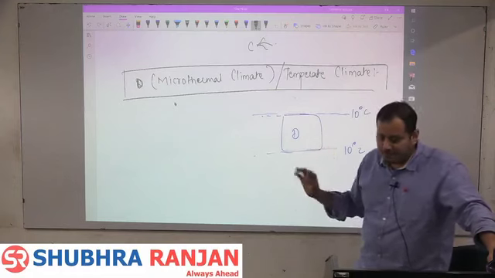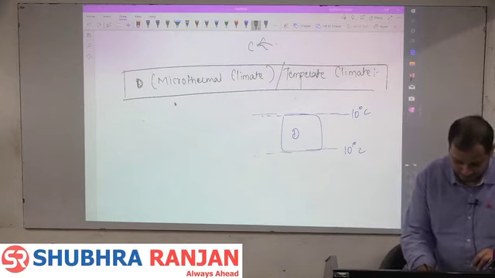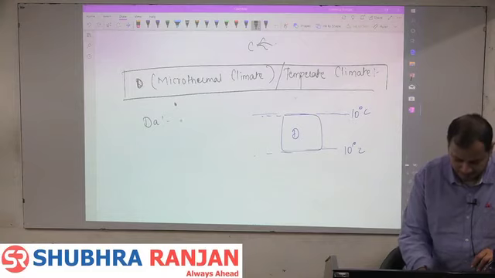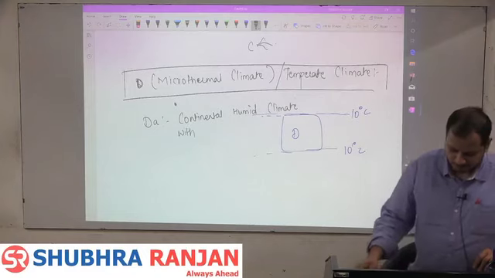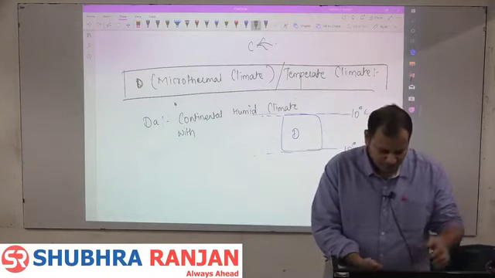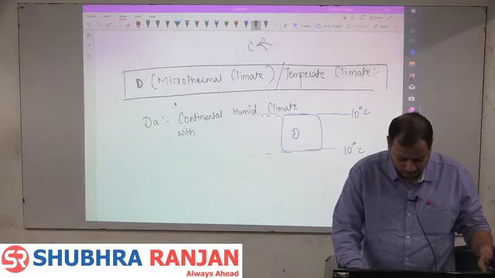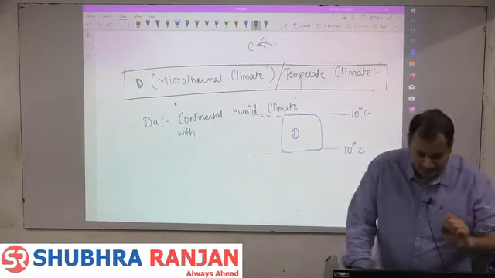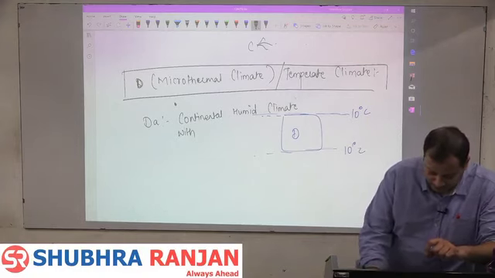Understood this statement? Fine. Next point, it is further divided into DA, continental humid climate with temperature of the warmest month about 25 degree Celsius.